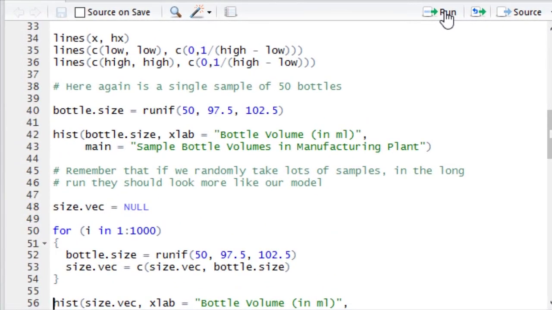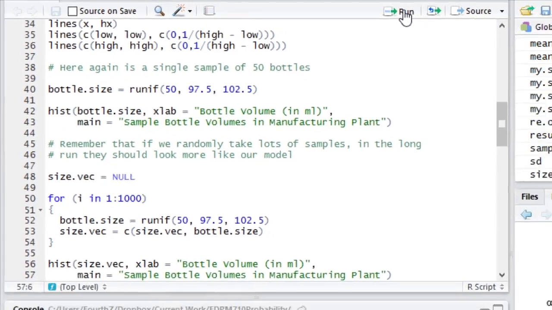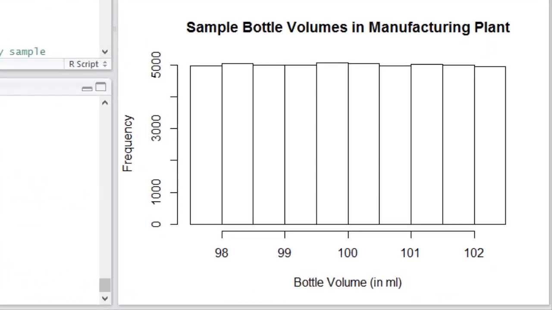I'm keeping track of all the samples, and now I'm going to look at a histogram. How about that? Just as in our previous examples, when you take many samples and keep track, you end up with a sampling distribution, or a distribution of many samples, that looks like the population distribution.